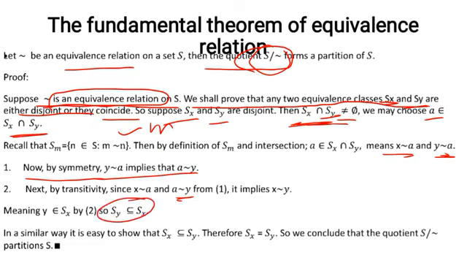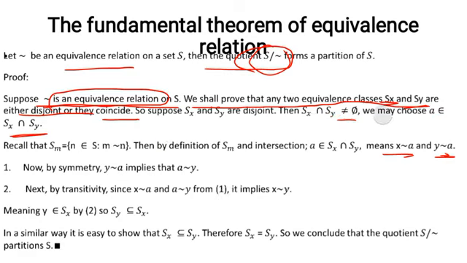In the same way, if you follow the same argument as I've shown on the screen, you get that Sx is contained in Sy. Once you have the two containments, it means that Sx is the same as Sy.